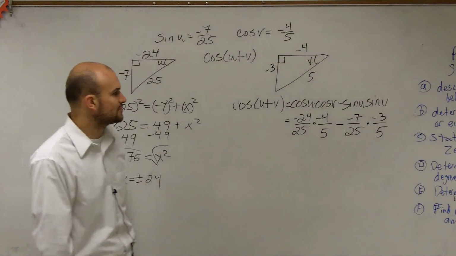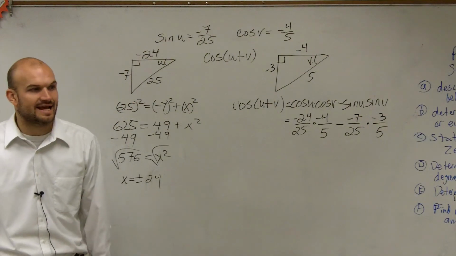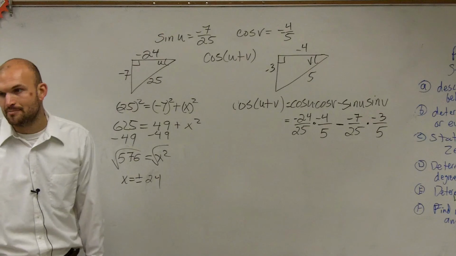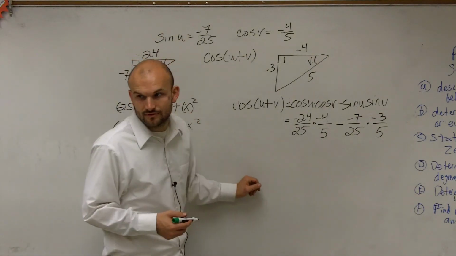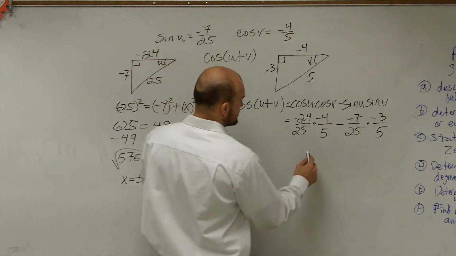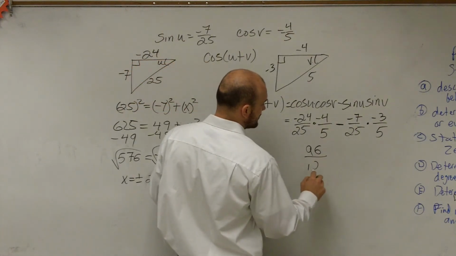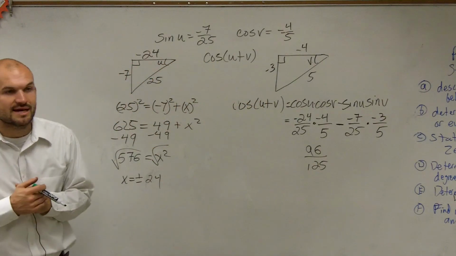So I have a negative 24 times a negative 4. That's going to be a positive 96, so we have 96 over 125. Then I do negative 7 times negative 3.